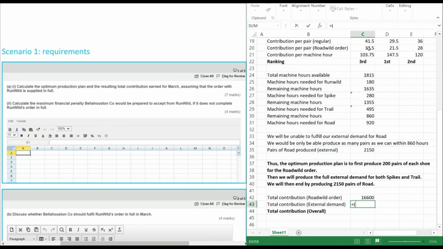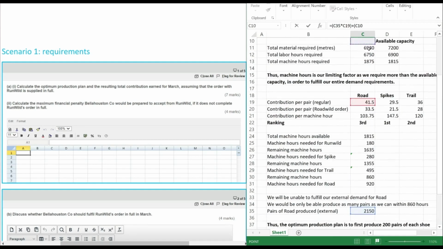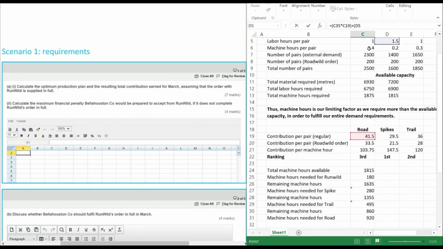Then for the external demand, again, for road we'll only produce 2150 pairs and the contribution per pair will be 41.5. And for the remaining two, we'll reduce the full demand, so we'll go back up to the total external demand.